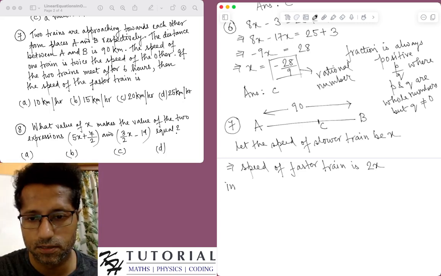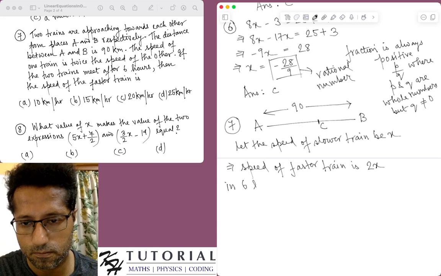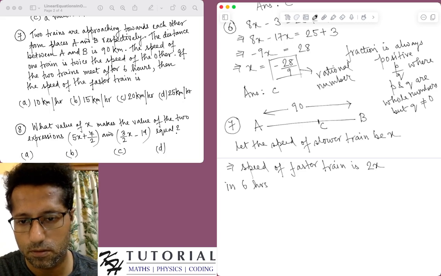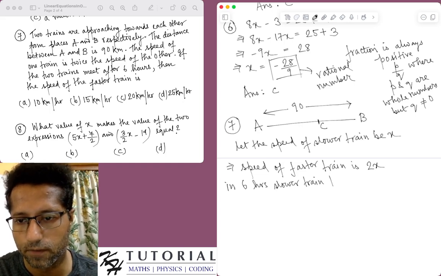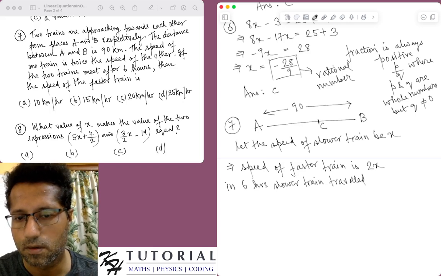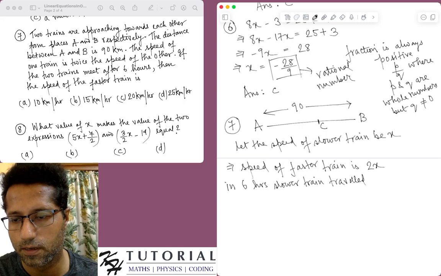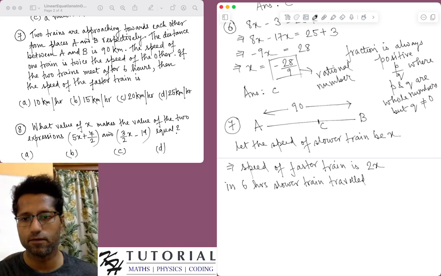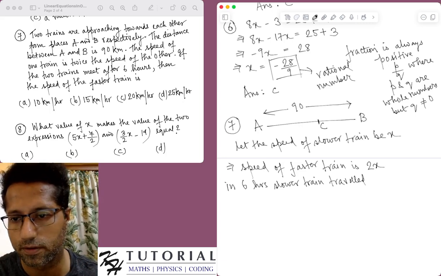Okay. So in 6 hours, how much did the slower train travel? The speed of the slower train was x. So in 6 hours, slower train traveled 6x.